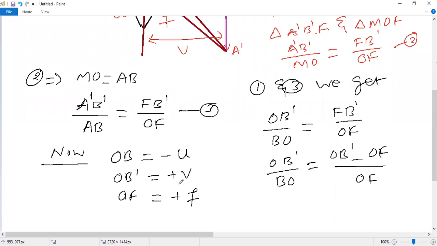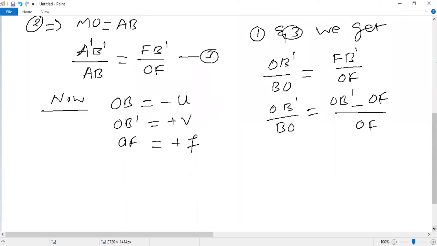Applying the values in this equation: OB dash is v, BO is minus u, FB dash is v minus f, and OF is f.